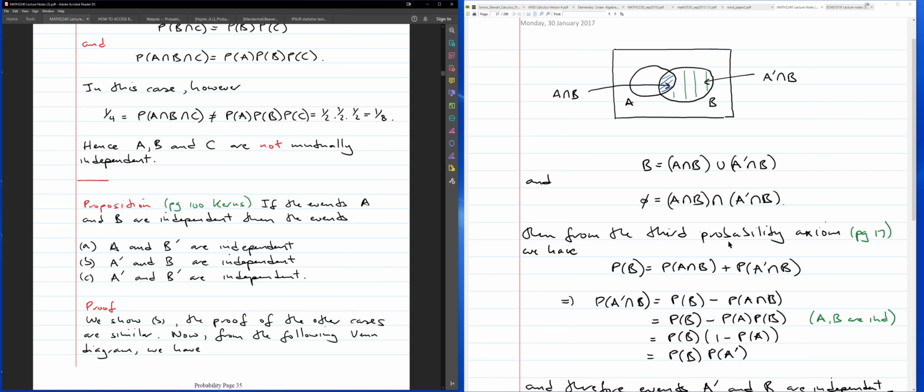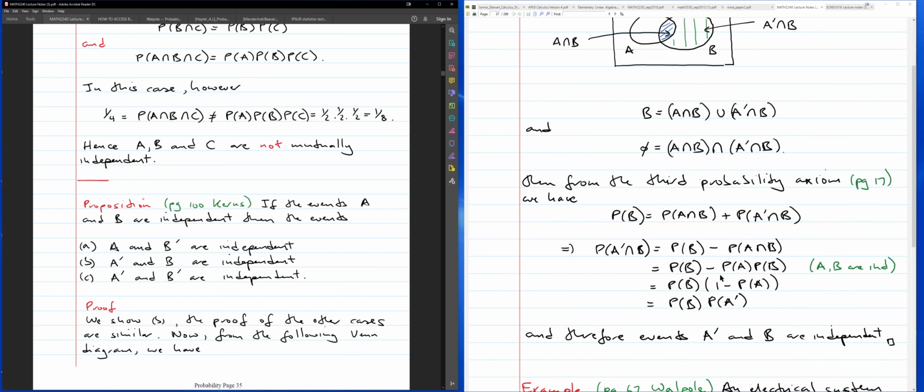This is the third probability axiom that I'm using. Once I have that, I'm going to rearrange: I'm going to move this probability of A intersect B across to the left hand side.